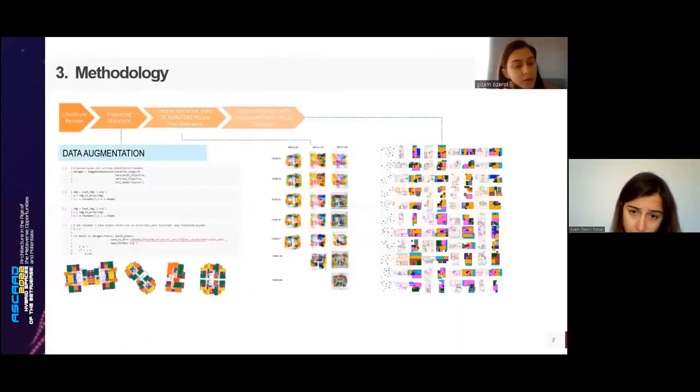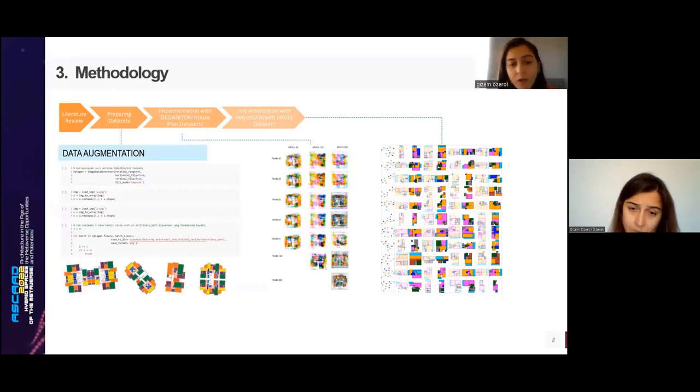And for the explanation of the methodology, after we passed through the literature review and background, we tried to prepare our datasets by defining the rooms and the room colorizations with segmentation methodology. But after that, we had only a few datasets. That's why we used the data augmentation methodology.